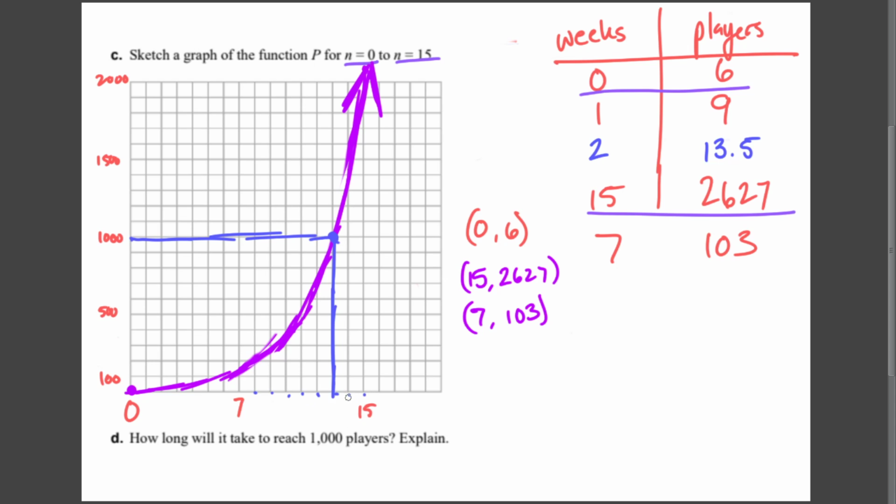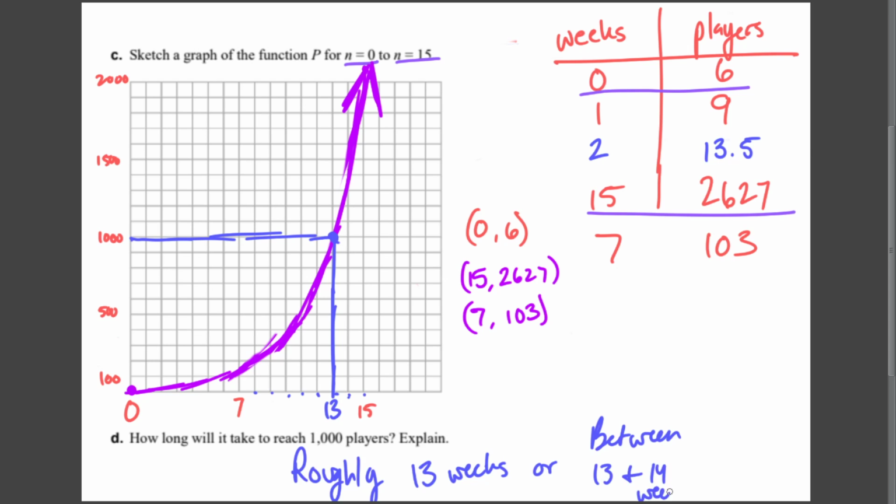So this is 15, 14, 13, it looks like. So your answer could say something like roughly 13 weeks, or between 13 and 14 weeks. Cool? And that would be the entirety of this assignment.